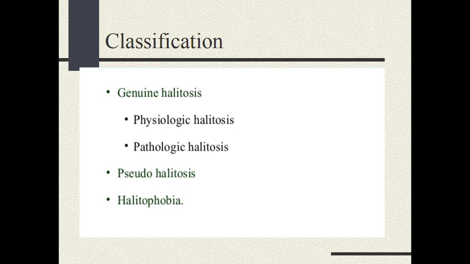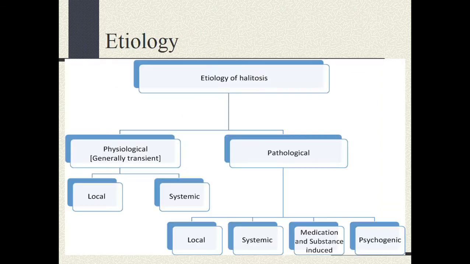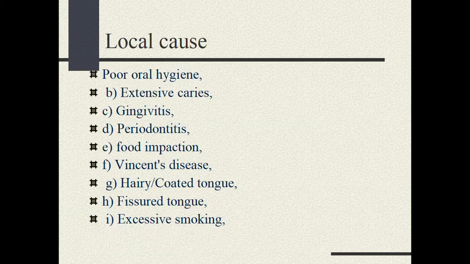I'll not be discussing all this in detail because this is a short note. Etiology: physiologic, pathologic, local and systemic. It is very easy to remember, and in the short note we have included all the main points, but still we will not be going into the detail of all the points.